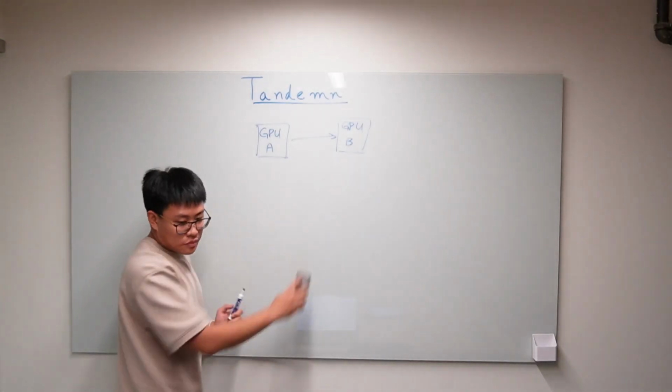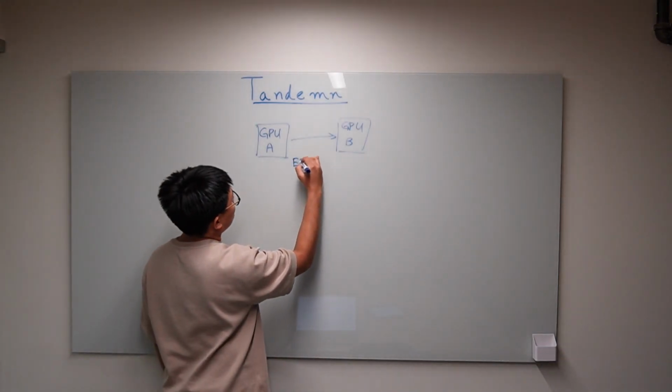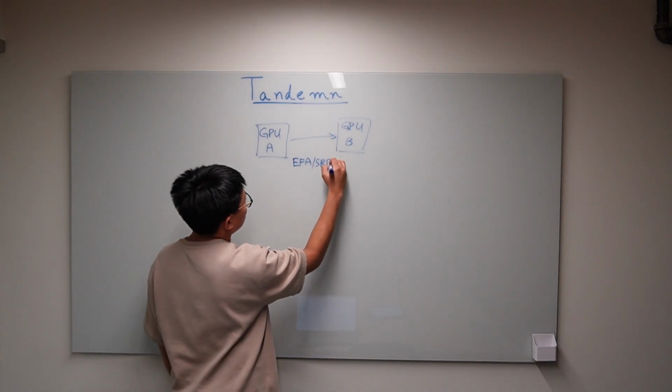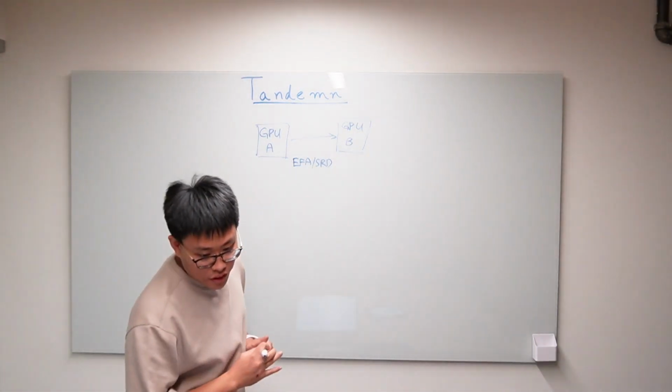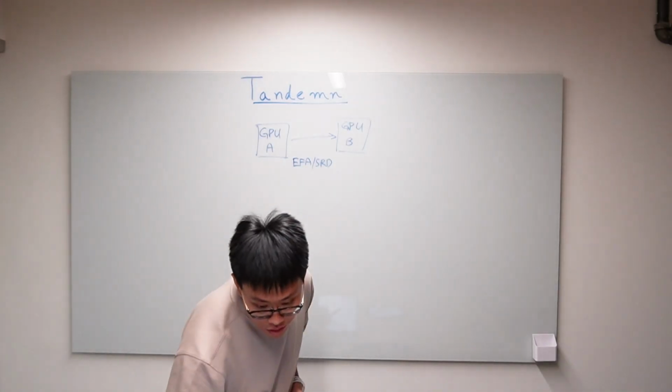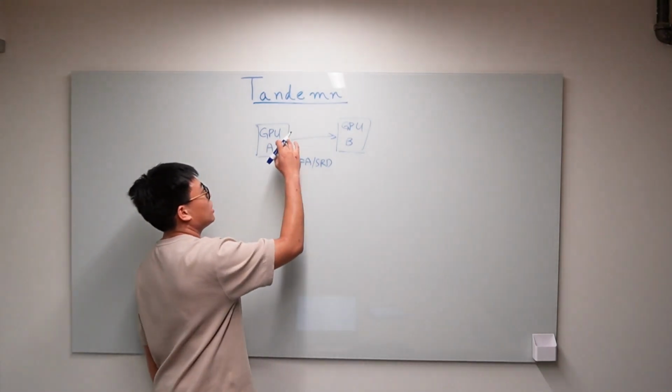So today we're going to talk a bit about, like I said, EFA SRD, and how data center networks enable us to do this a bit better. For example, in a data center, nodes aren't connected just one-to-one like this.